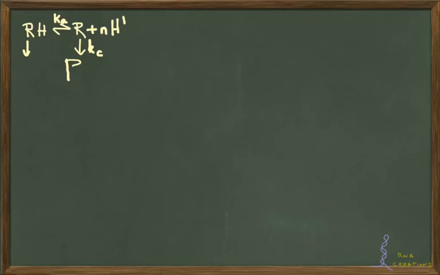Okay, so it goes and forms the same product. We'll call that a second channel. And I'm going to go ahead and use descriptive names here on the rate constants. So I'll call this Kf for K fast, and this Ks for K slow.